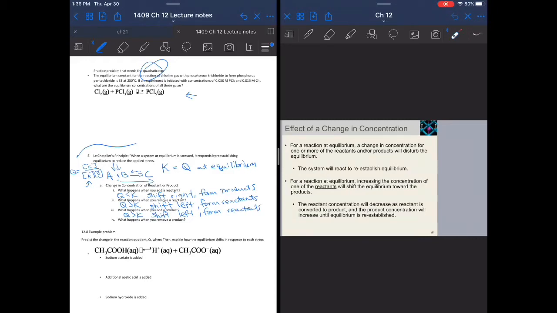If you remove a product, and this is a good technique to form more products, you are lowering that numerator. That means Q is going to be less than K, and this will cause a shift to the right. It'll allow you to form more products.